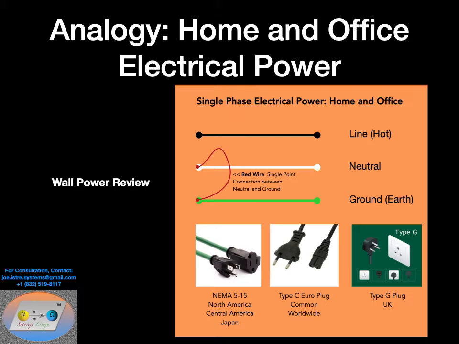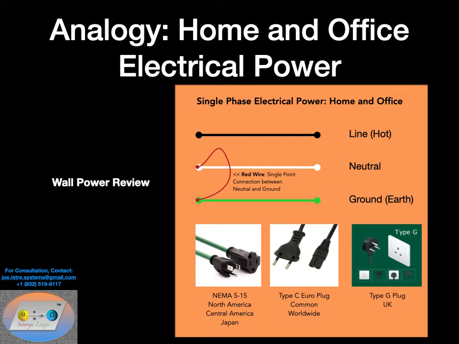However, take a look at this diagram here. A single phase electrical power into the home and office. You don't want high voltage like 380 or 480 to come into your home or your office unless you have something sectioned off safely to where you can access this high voltage.